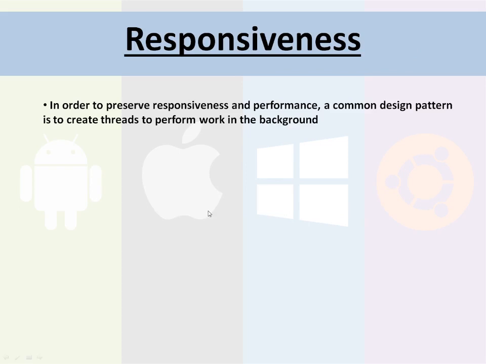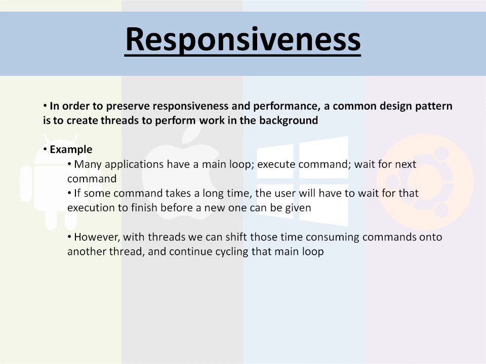Another one is responsiveness. Now, in order to preserve responsiveness and performance, a common design pattern is to create threads to perform work in the background. Another example for this would be that most of our applications will have a main loop, right? Which would say, I'm going to execute some command and then wait for another command.